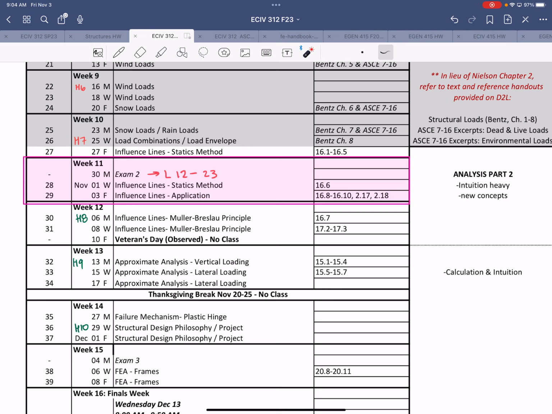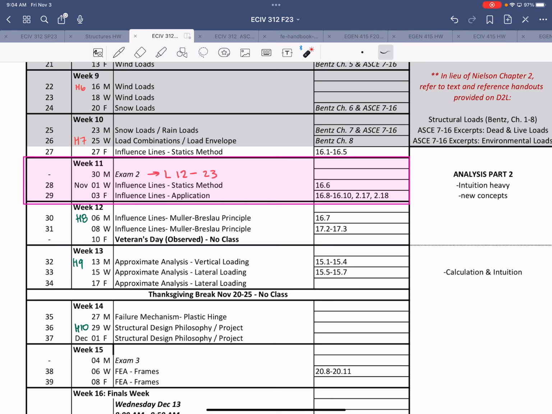And we also looked at, remember when we did the load placement, or you're working through that right now in homework 8, right? So considering different placements of live loads, snow loads, things like that, and comparing the moment and shear envelopes to determine what is the maximum response at any point along the length of the beam.